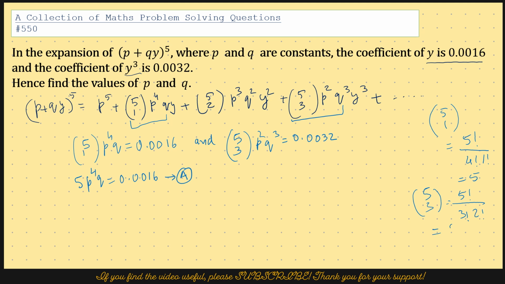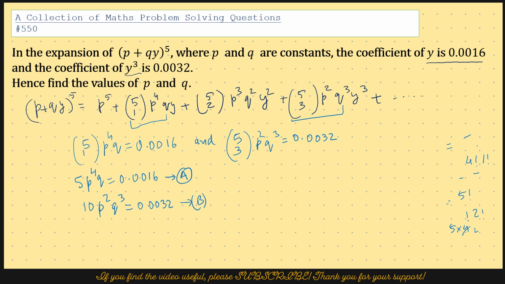So that would be 5 times 4 divided by 1 times 2, that's 2, and that equals 10. So the next one: 10 p squared q cubed equals 0.0032, and that is B.